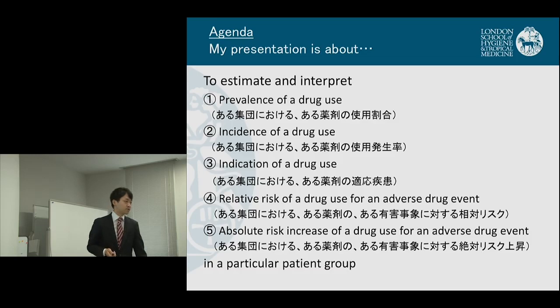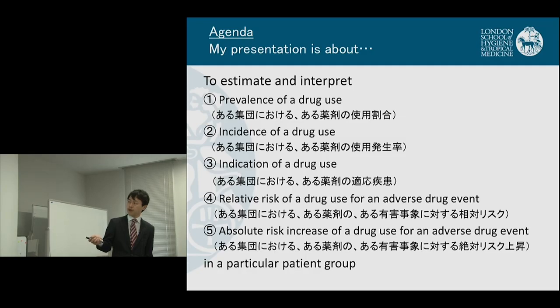If you have any questions or comments, during my presentation or at the end, please ask either in Japanese or in English. My presentation is about how to estimate and interpret the prevalence of drug use, incidence, and indication in a particular group of patients.